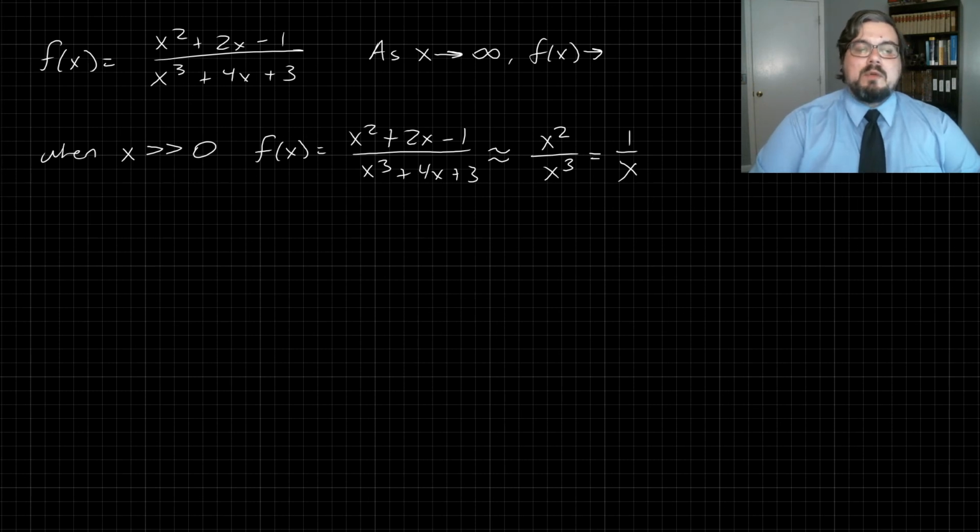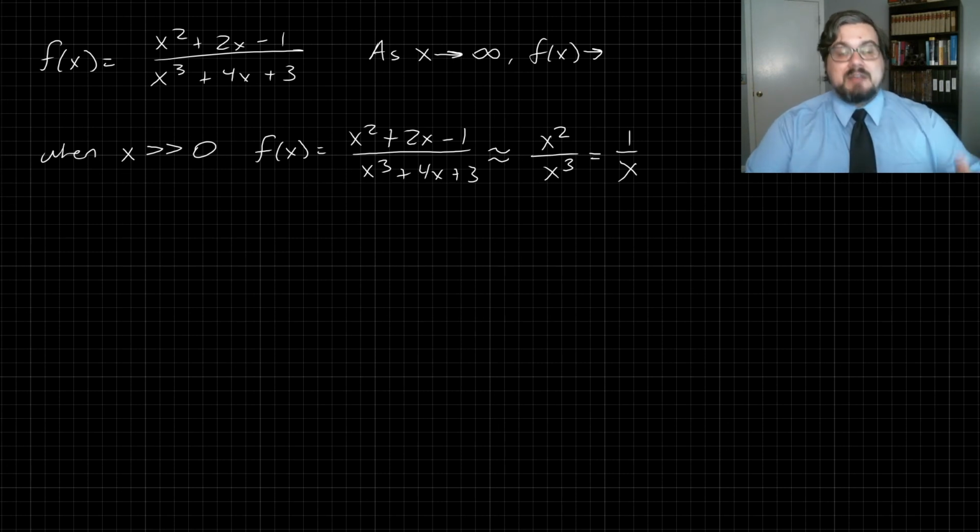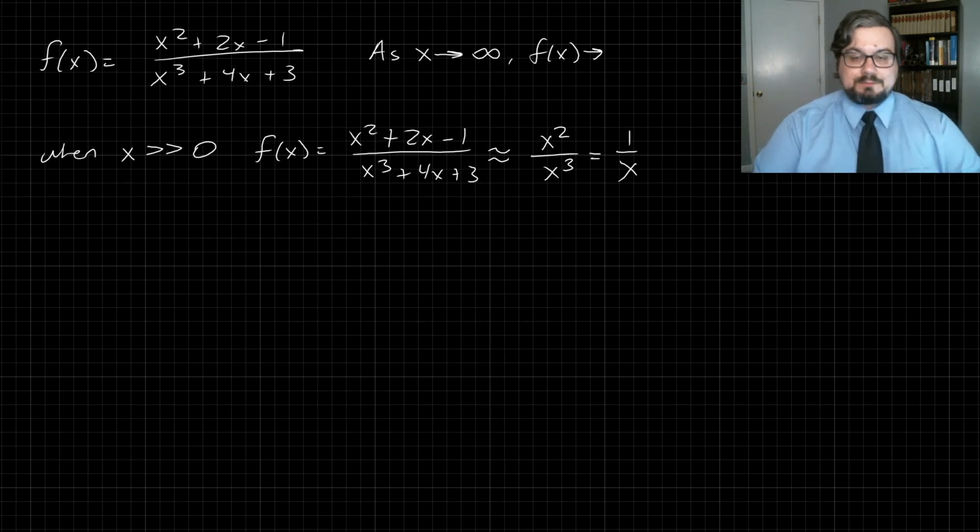And now if x gets really, really big, then 1 over x gets very, very small. If x is going to 10, 100, 1,000, 1 over x is going to 1 over 10, 1 over 100, 1 over 1,000, getting very, very small.